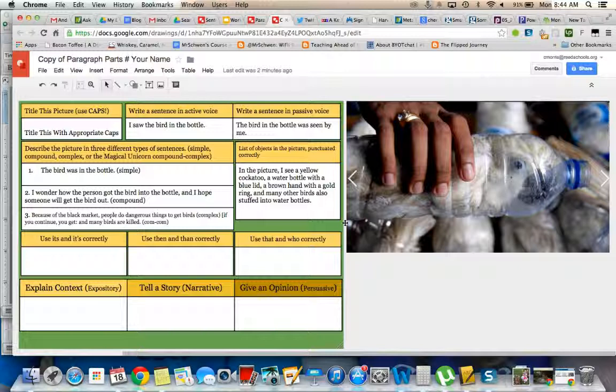Well, why do you think people smuggle them? What are the birds being sold for? So people smuggle them to get money. And because the birds are rare, they're worth a lot. Something like that would be fine.